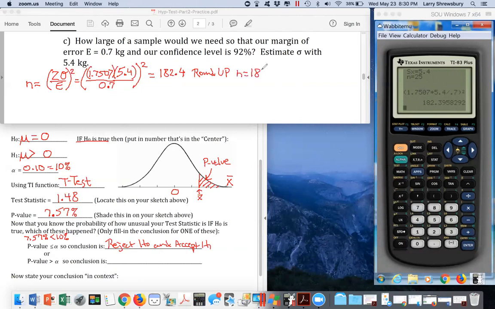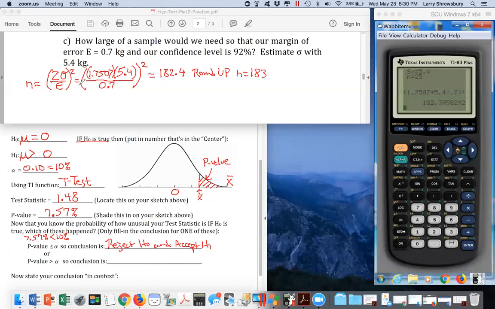Now, if we have a sample size of 183, would our conditions have been met? Yes, they would have. You don't need to know if your population is normal if you got a sample size over 30, and this is way over 30. And that's what you expect for the sample size calculation. It's going to be way bigger than what you need to meet the conditions.